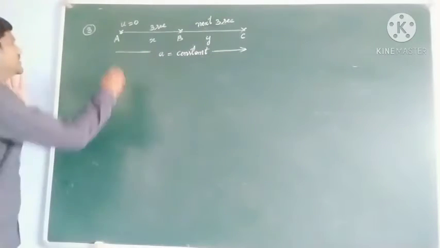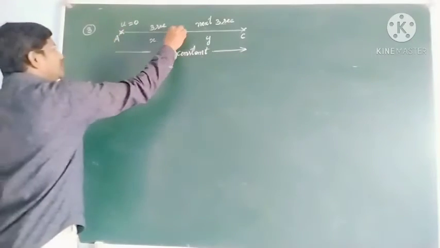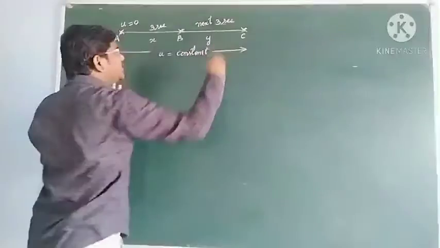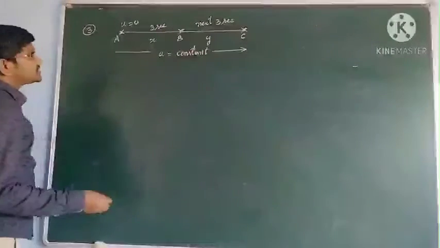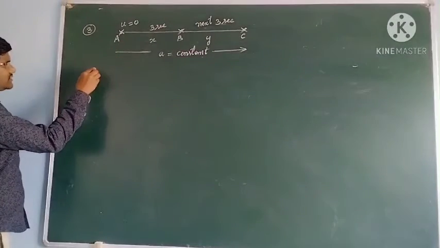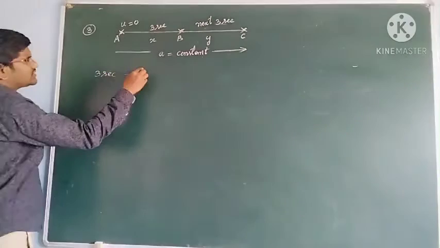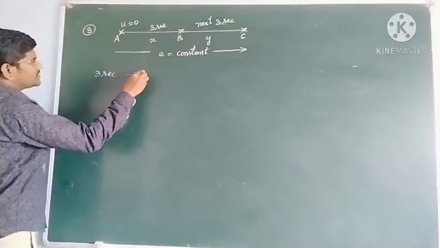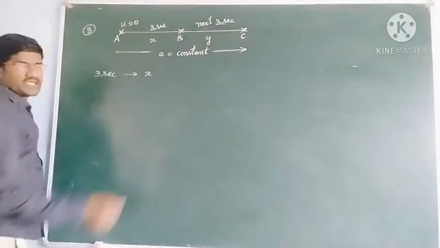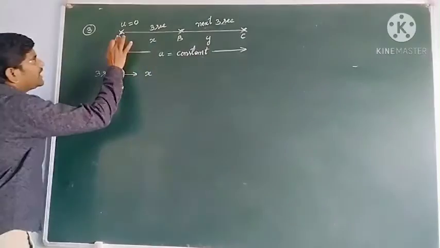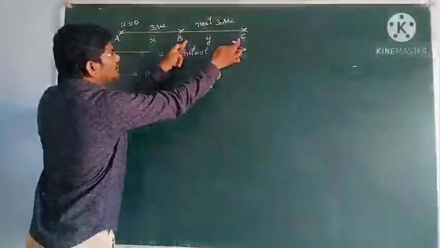Okay students, it started at A, reached B, and then B to C. It starts from rest. In the first 3 seconds it traveled x meters. From here to here is 3, and here to here is 3, totally 6 seconds.